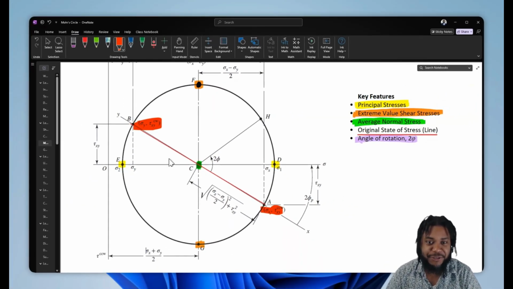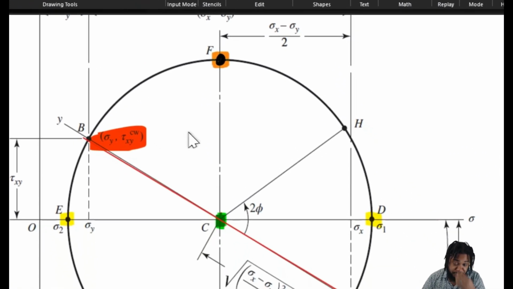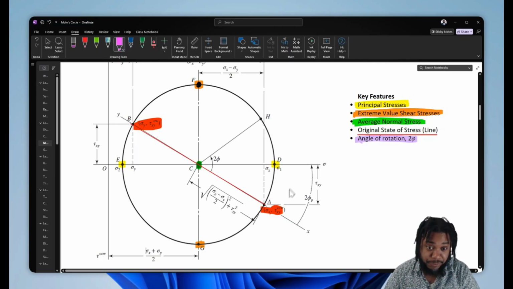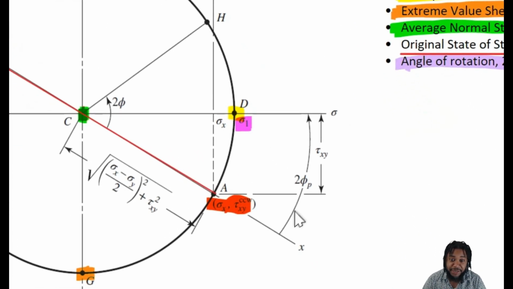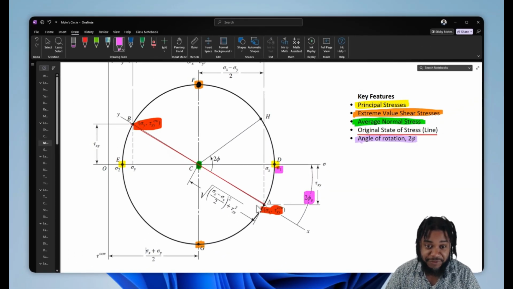Original state of stress. And then finally, the angle of rotation. If we wanted to find the angle between our original state of stress and the first principal stress, that angle 2 times phi p is the distance from our original state of stress line to the location of sigma 1, the first principal stress, right?